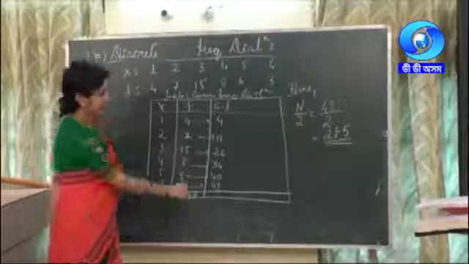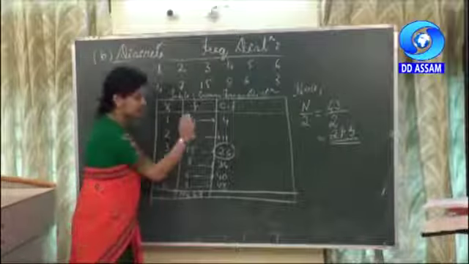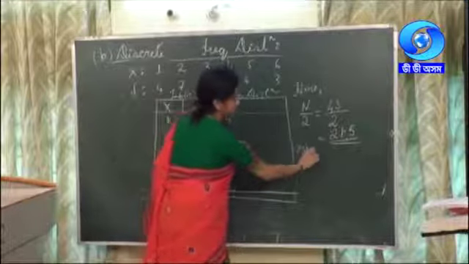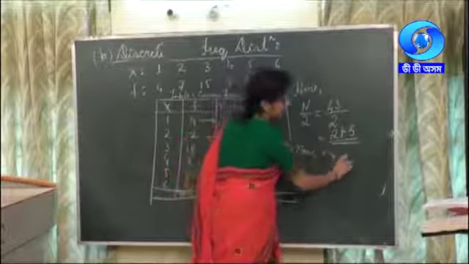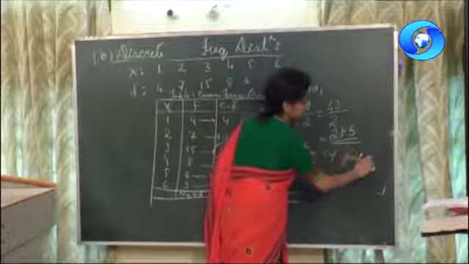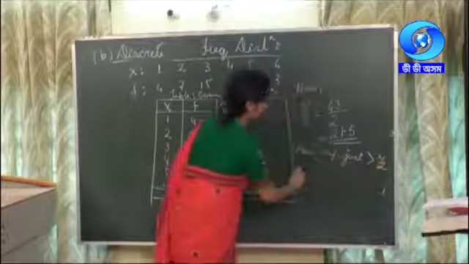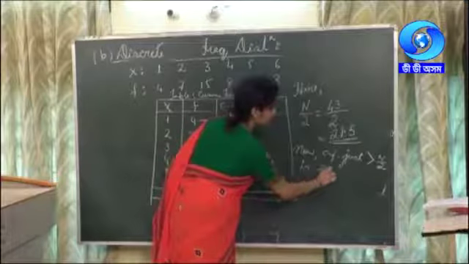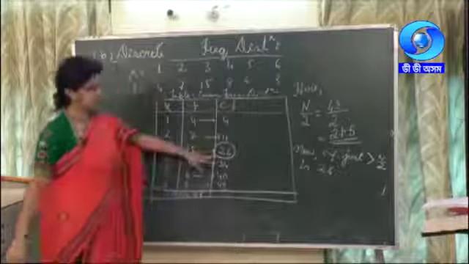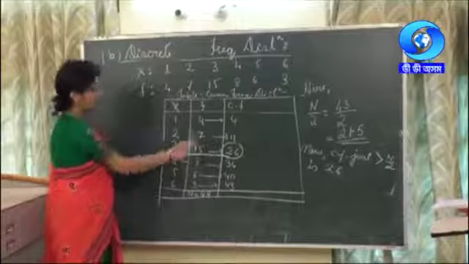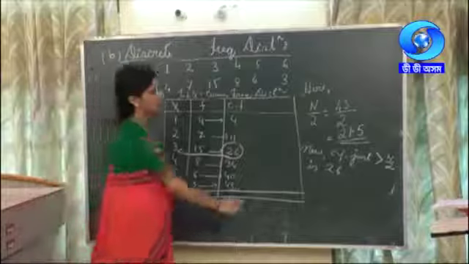And what is it? It is 26. So we will write now, cumulative frequency just greater than n by 2 is 26. Yes, this is 26 corresponding to x equal to 3.